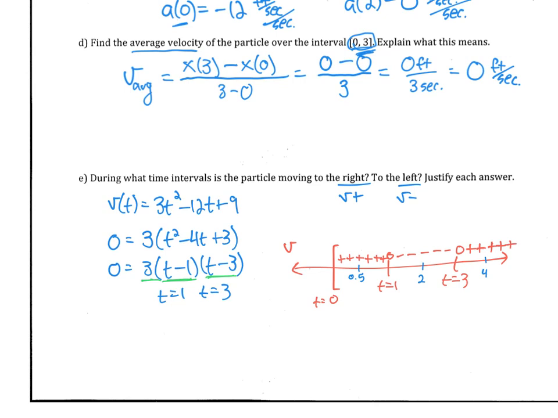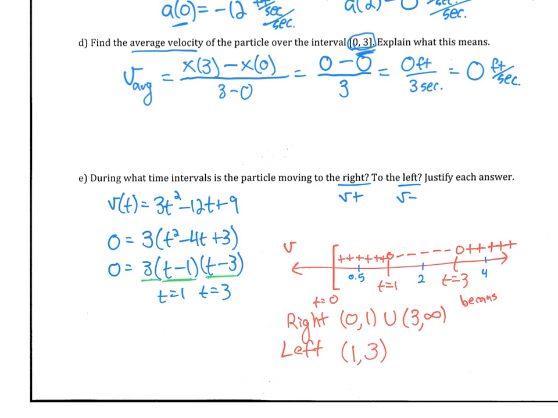So what that means is that the particle is heading to the right over the time interval 0 to 1, and, so that symbol means union or and, the time interval 3 to infinity. And the particle is heading to the left over the time interval 1 to 3.